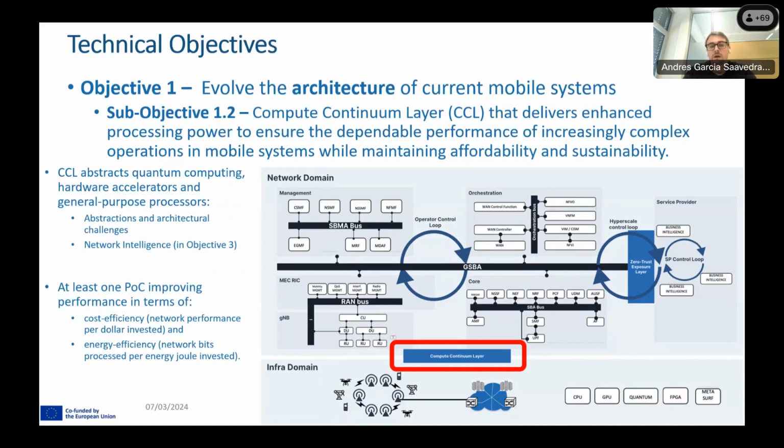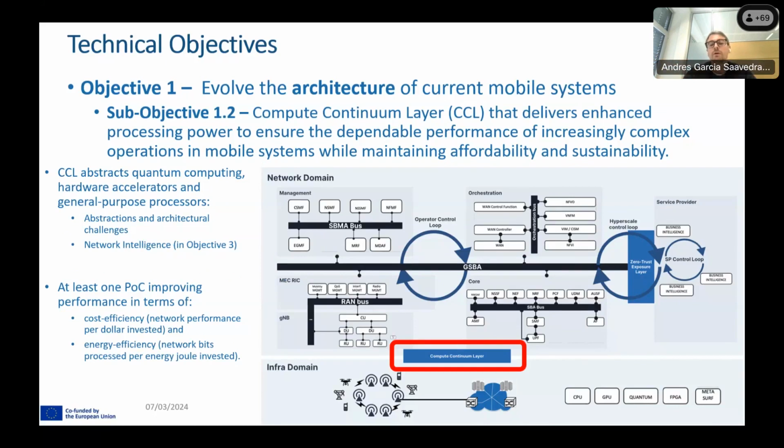The second sub-objective, in this more overarching architectural objective, concerns the compute continuum layer that I mentioned before. The idea is to homogenize a heterogeneous computing fabric made of hardware accelerators, general purpose processors, including novel computing models such as quantum computers, quantum communication, these sorts of things.